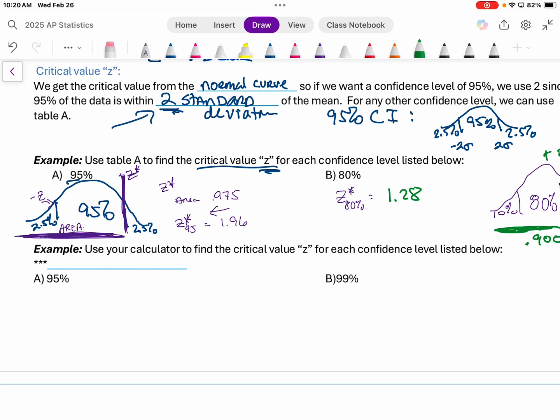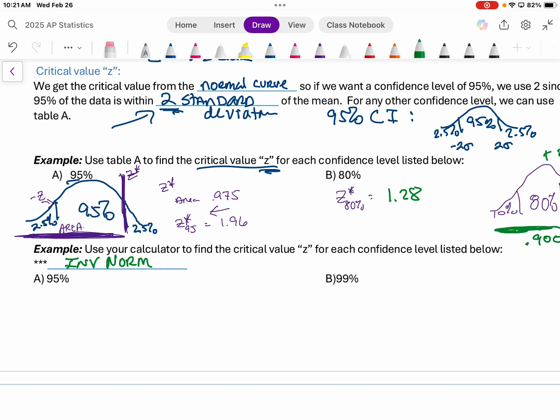Okay. Anybody remember how to find the Z-score associated with an area to the left on the calculator? What feature we need to use? We use inverse norm.